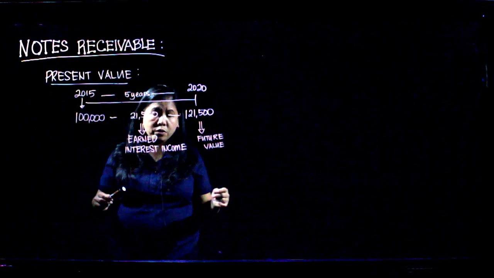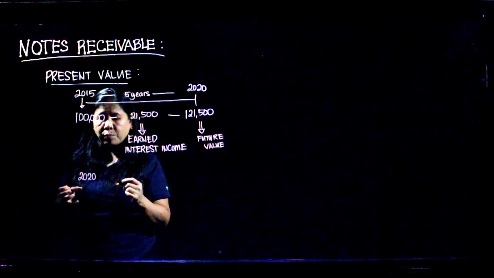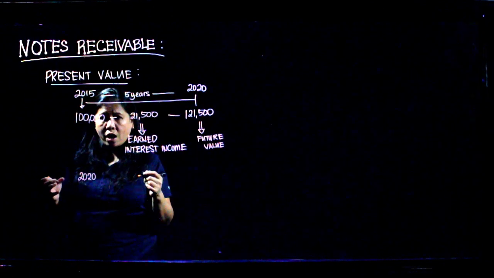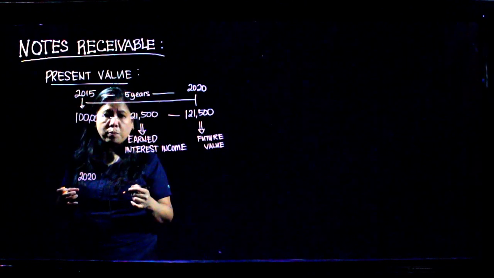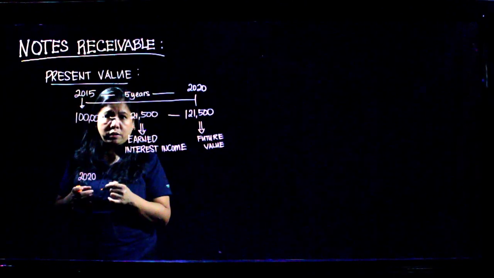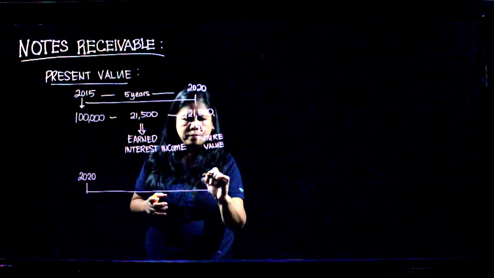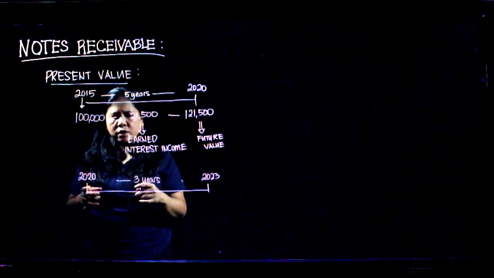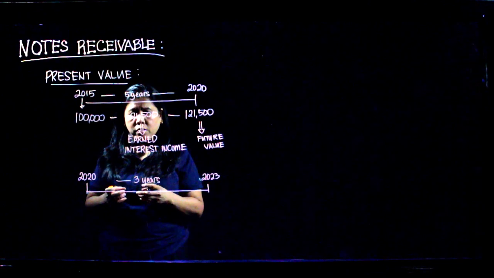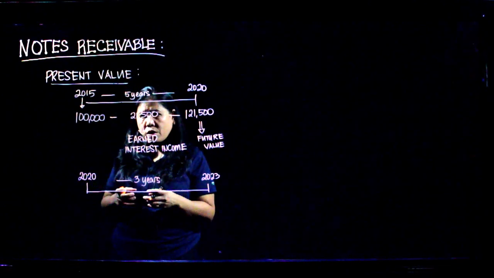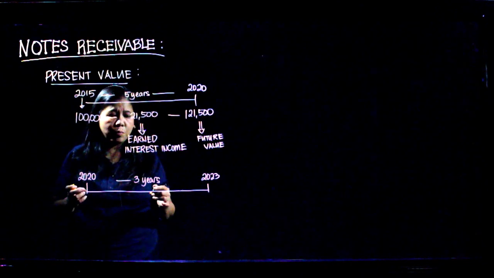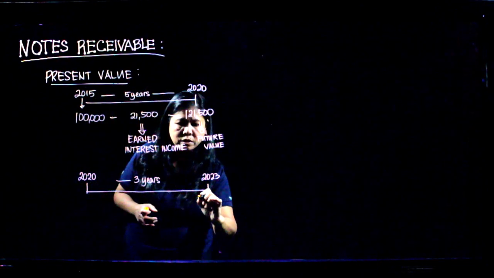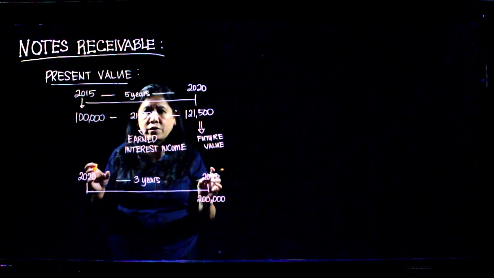Now, let me give you another scenario. In 2020, the company received a 200,000 face amount of a non-interest-bearing note payable on 2023, in 3 years. A non-interest-bearing note, meaning the maker of the promissory note doesn't pay interest. The company will receive the 200,000 face amount.